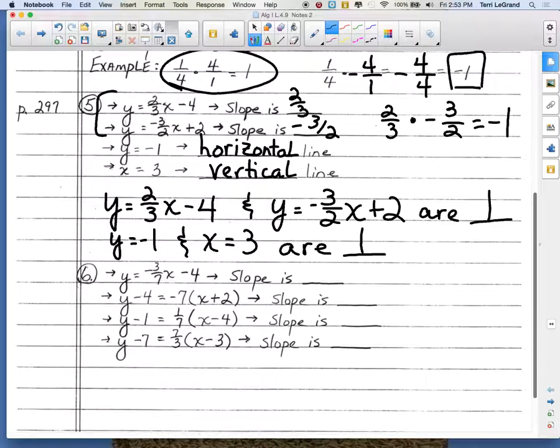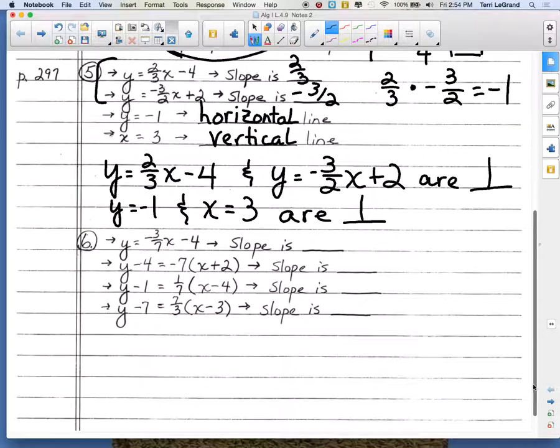So we know those two will be perpendicular also. y equals -1 and x equals 3 are perpendicular. You can't put that one in our graphing calculators though, because you can't put a vertical line in these graphing calculators. Anybody have any questions on this?